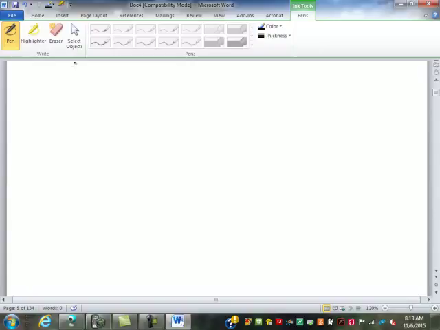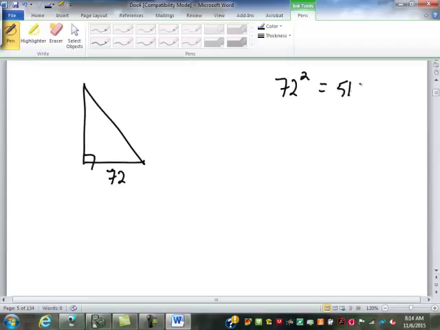If I wanted to make a triangle that I know is going to work out, pick any number you want for this side. 72. Okay. 72 squared is 5184.